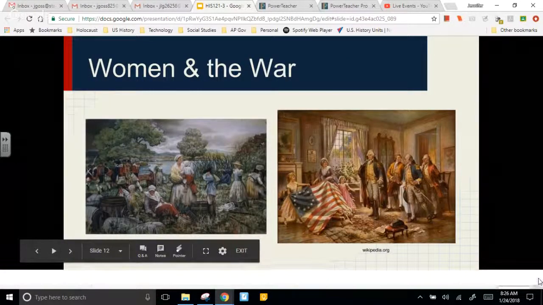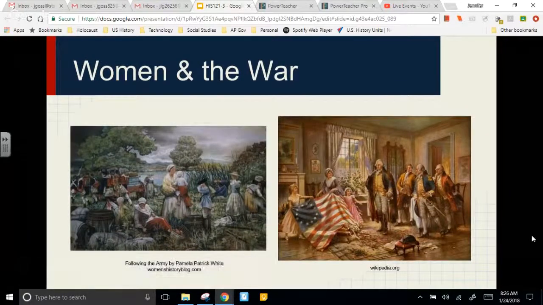Now, as the Declaration is being written, it's important to think about the fact that the war is still going on. The Declaration, as we know, is penned in June of 1776 after its initial suggestion by Richard Henry Lee of Virginia.